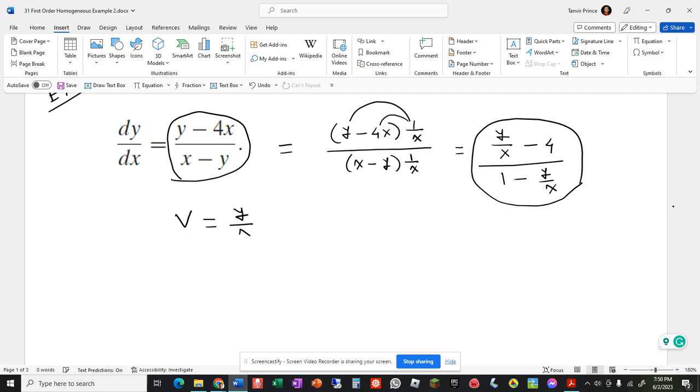You need to remember that cross multiply before you take the derivative. So I cross multiply, then I take the derivative. So dy dx, and you are using the product rule. So the derivative of v times x plus v times the derivative of x, which is 1.